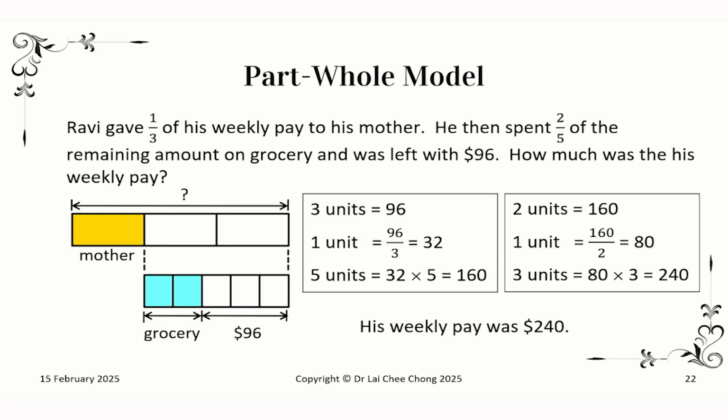Algebra. Actually, you know what? In primary school, we don't emphasize so much on algebra. There's only 1 module in grade 6. It's on algebra. And the algebra there is very, very elementary, to be honest with you.